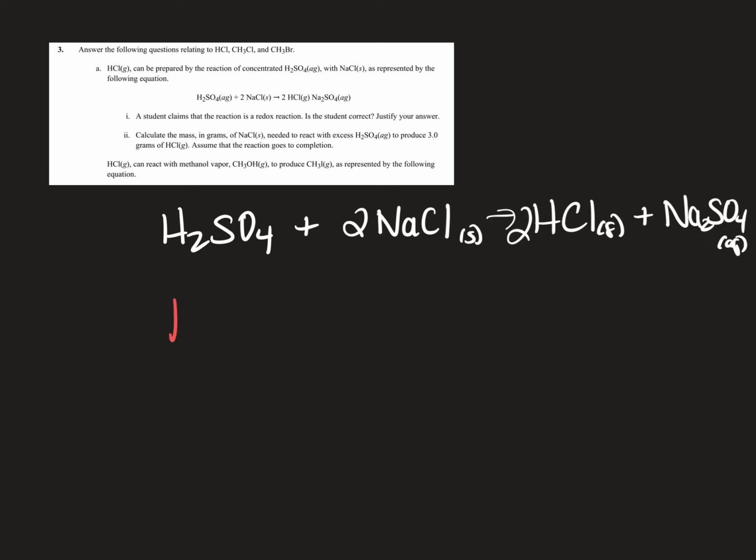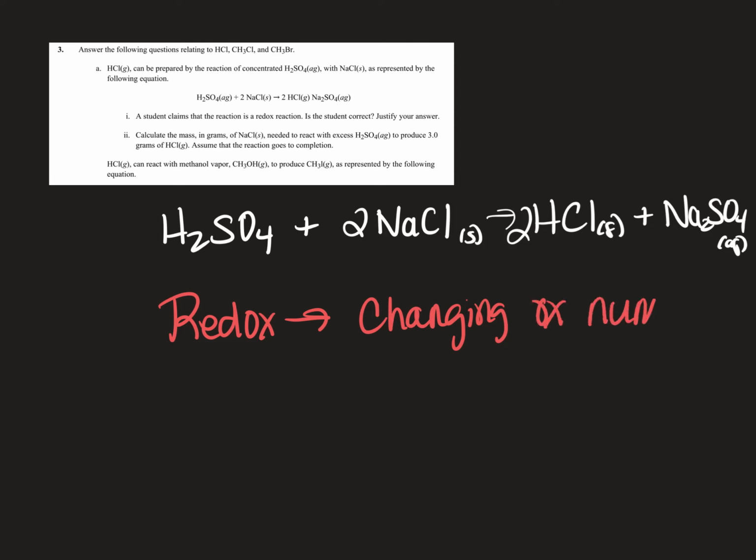So we know that if it's redox, that means that we have to have changing oxidation numbers. So we have to look and see, do any of the oxidation numbers change? So we know that oxygen's going to be -2, hydrogen's going to be +1, sulfur then is going to be +6.